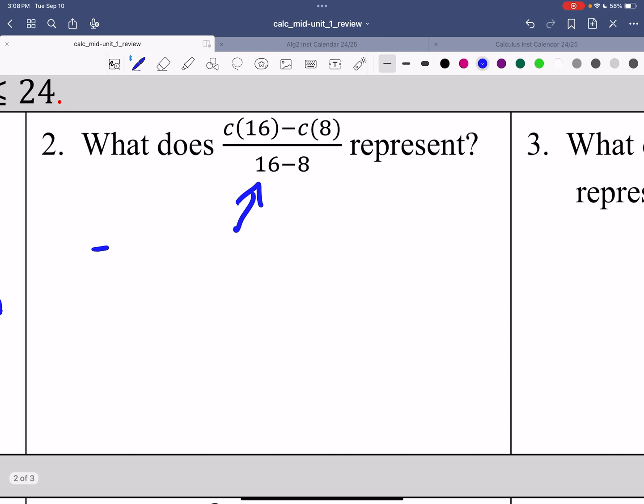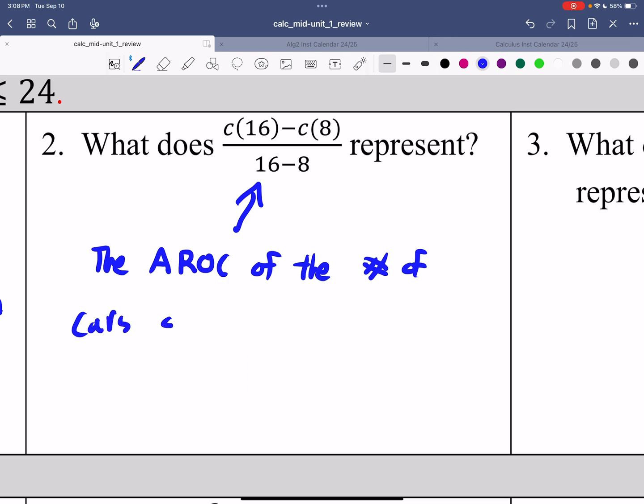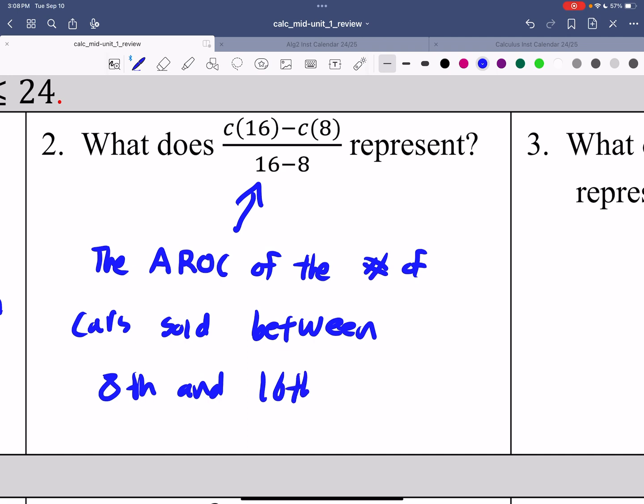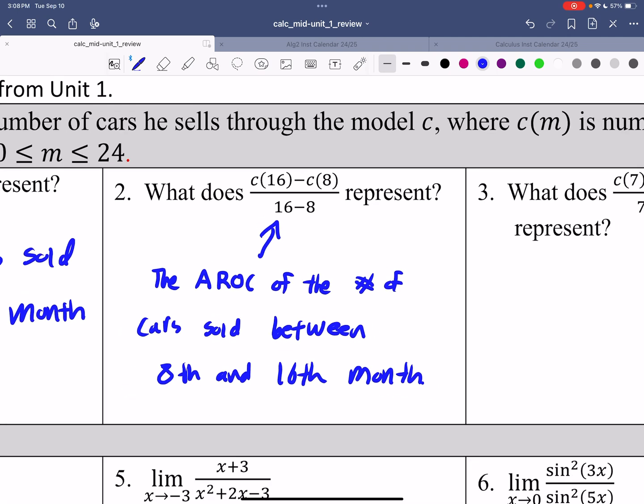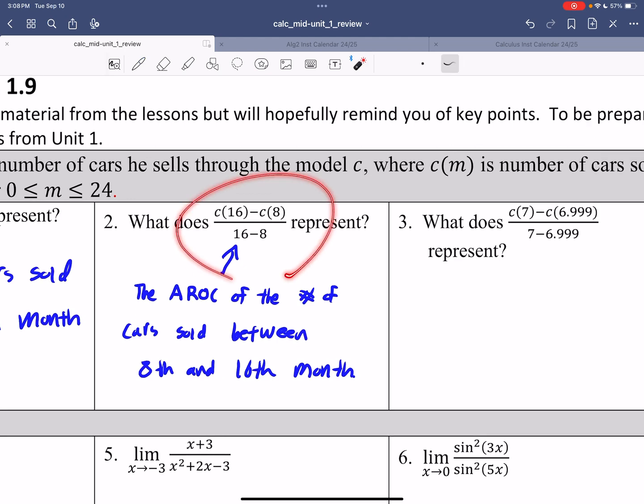So I'm going to say the average rate of change of the number of cars sold between the 8th and 16th month. That's what this means.